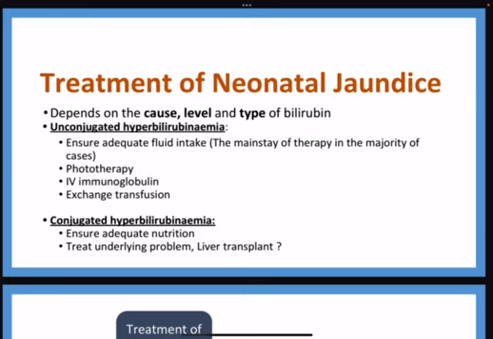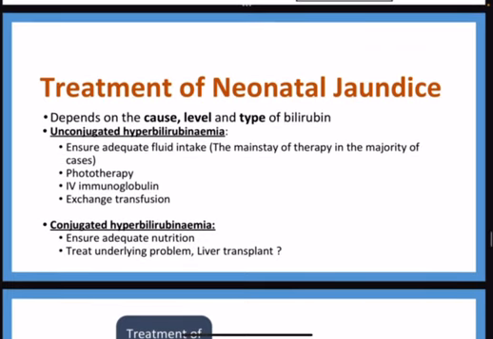If the level reaches a specific level that needs treatment, we treat with phototherapy. Sometimes if it's immune mediated, meaning there is significant antibody production causing significant hemolysis, the jaundice will get worse with time as long as there's ongoing hemolysis. So sometimes we need to give intravenous immunoglobulin to saturate the binding sites on the RBCs, to prevent the antibodies from binding and causing destruction.